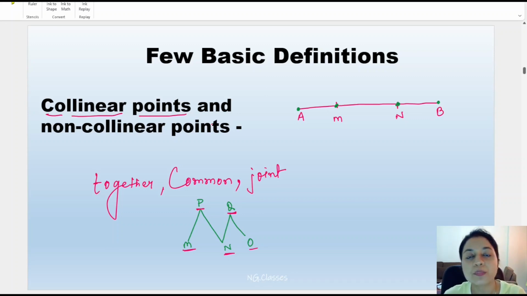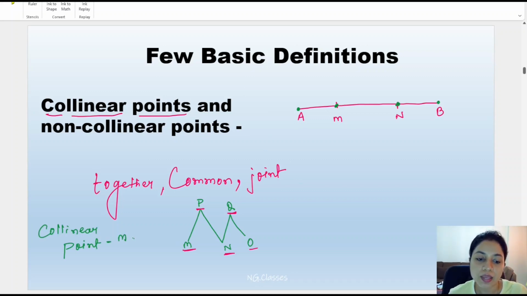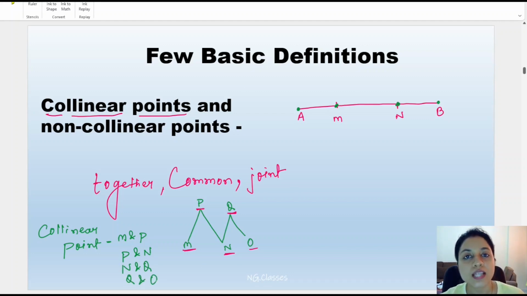If we have to mention collinear point from the second figure, so collinear point, that means point on the same straight line, will be M and P, P and N, similarly N and Q with O. Alright, these are the sets of collinear point.